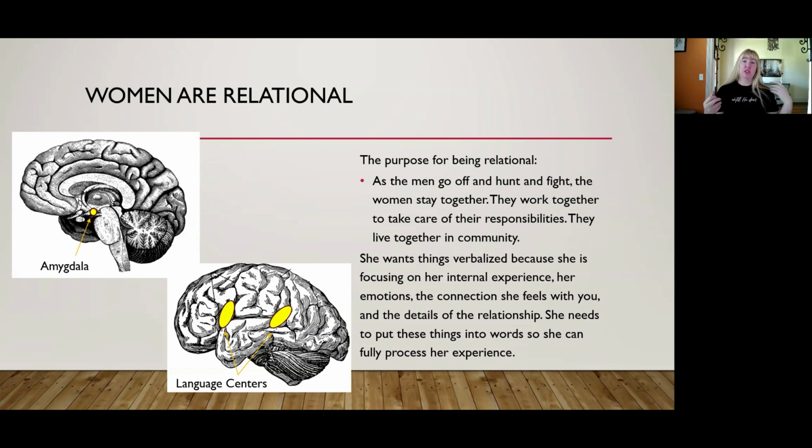Husbands, understand the way that she processes and why she's wanting you to verbalize more, why she's wanting you to describe things, share emotions, and factor in the relational impact of these choices or decisions or just problem solving. Okay. So she is wanting to feel connected. She's wanting to understand the details. She's trying to put things into words to fully process her experience. And when husbands withhold that, it starts to erode the sense of trust that she may have.